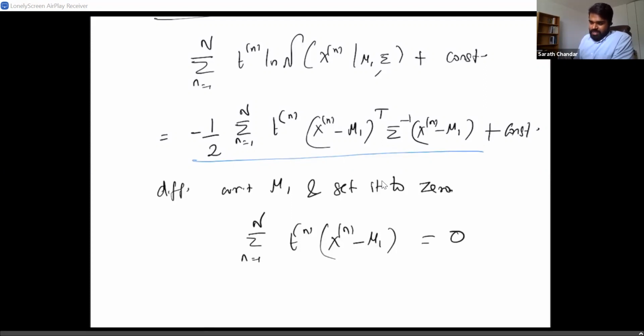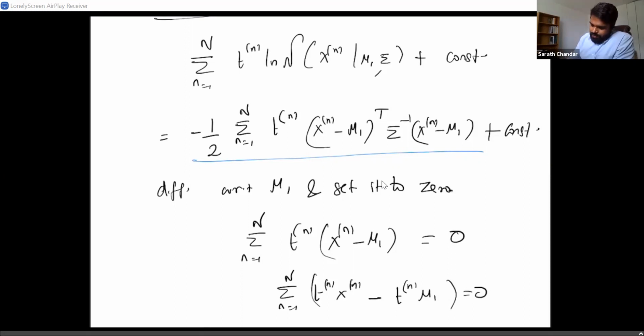So let's just expand this first. Summation over n is equal to 1 to N, t_n x_n minus t_n mu1 is equal to 0, right?